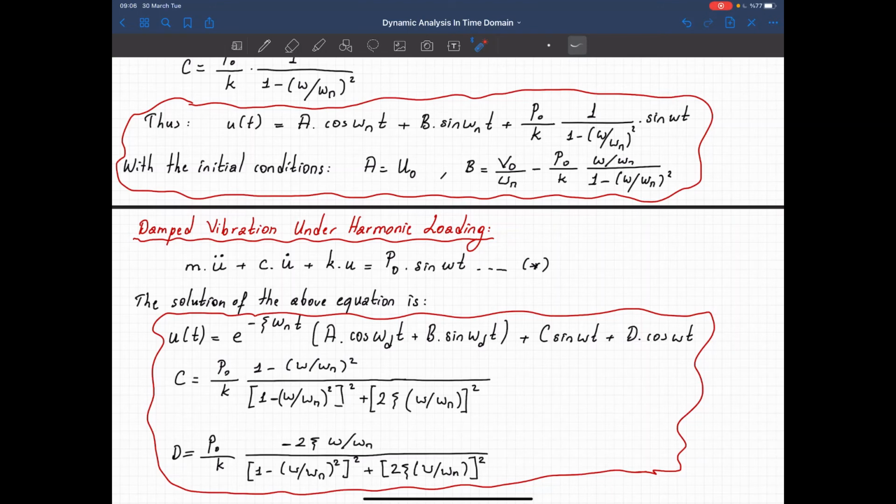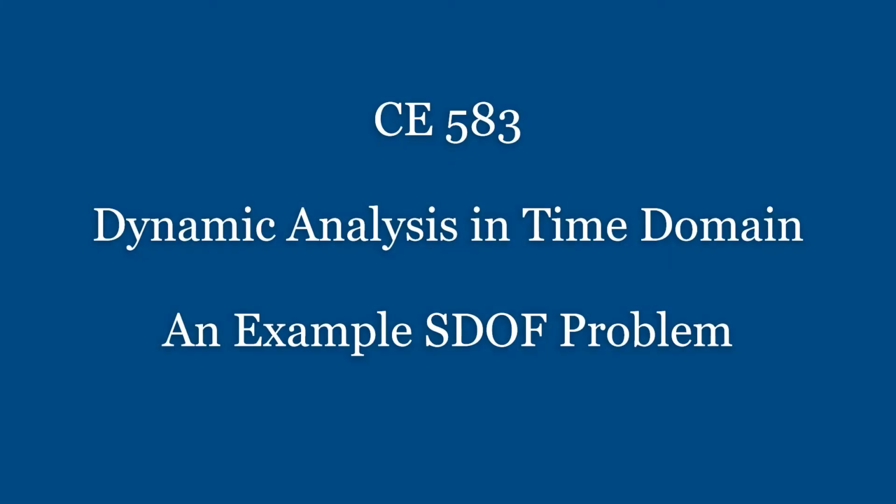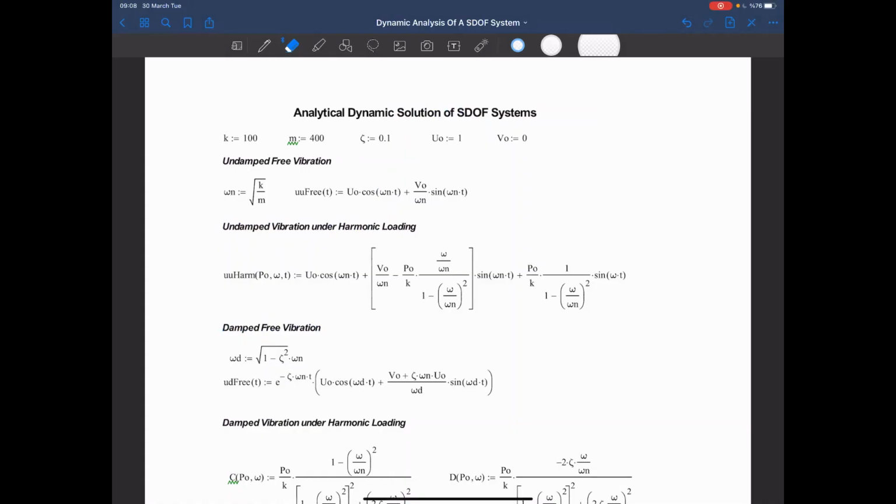So what we are going to do is take that simple case and look at the solution of these equations. Now let's take a look at the solution of a single degree of freedom system. Again, we are solving this simple case where we have a moving mass and we apply a harmonic load to it, with an elastic spring.